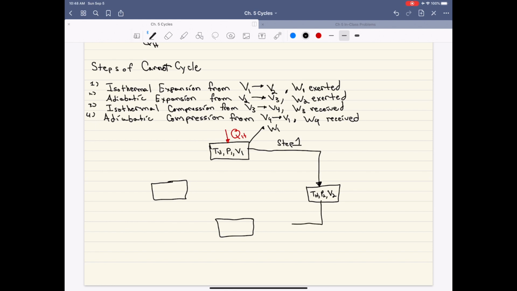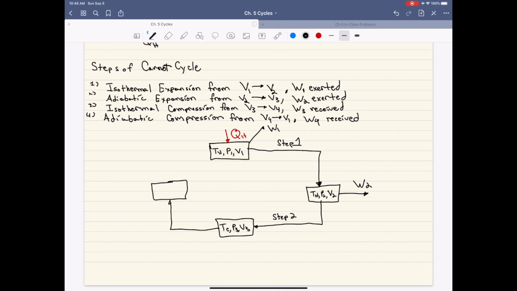In step 2, the gas is adiabatically expanded, so it gives off work 2, and the gas then changes to TC, P3, V3.